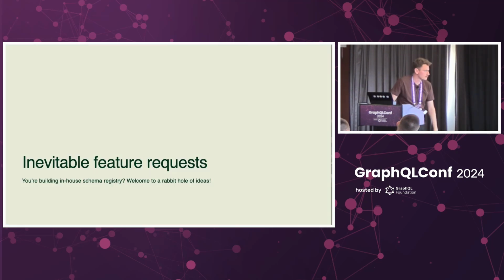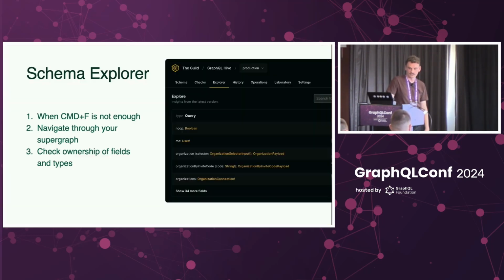About the rabbit hole. If you really want to build your own schema registry, you will face issues like detection of breaking changes and so on. If you want to add more analytics, that's also fine. But at some point, people will ask you for more features, right? One of those features could be a schema explorer.